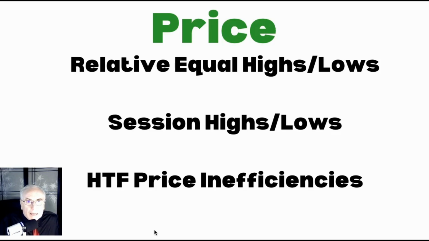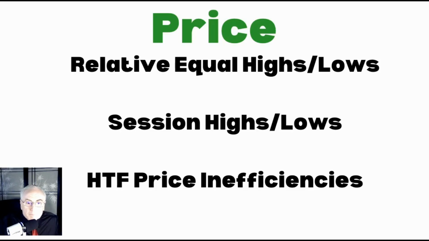Fair value gaps are inefficiencies, big candle wicks on higher time frames, the middle, the 50% Fibonacci. Those are examples. So again, highs and lows, relative equal highs and lows, higher time frame, lower time frame, price is the overlay on top of the time.